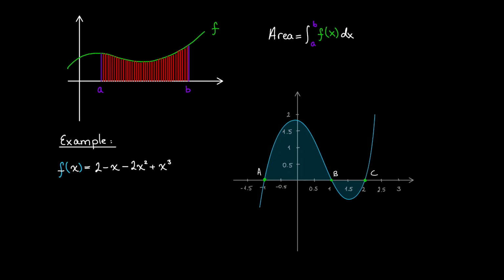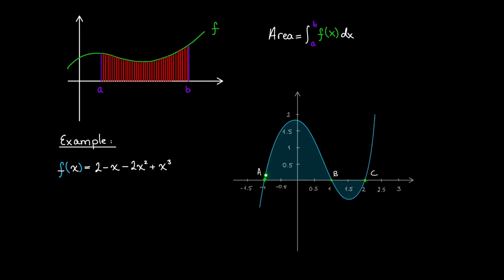Okay, so now that we have the function visualized, what we need are the bounds of the integral. In our case, we would actually have three different bounds, because the bounds here are simply where the function and the x-axis intersect.